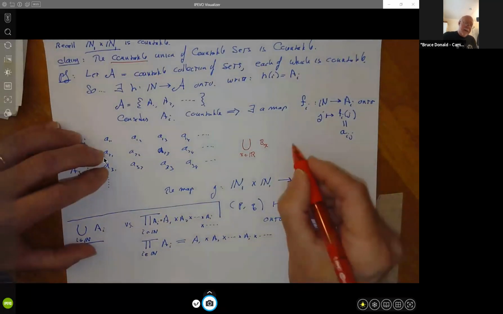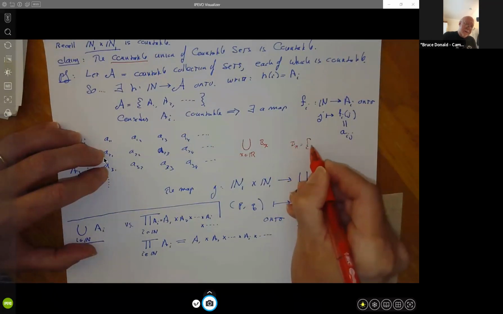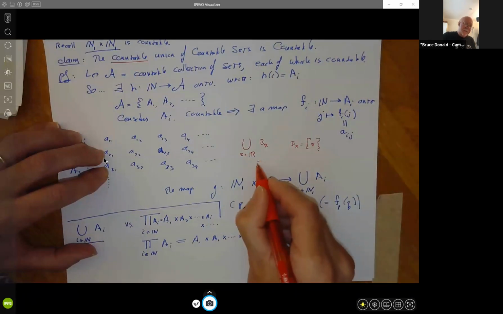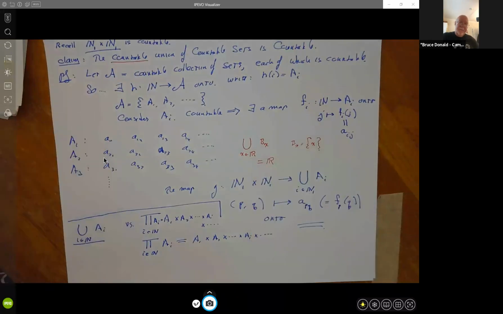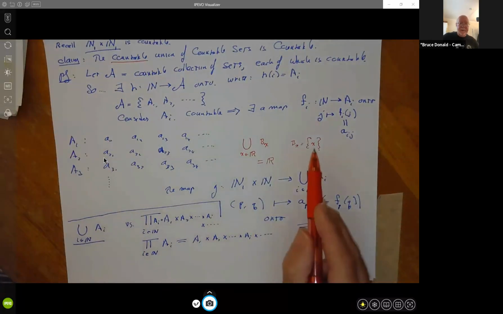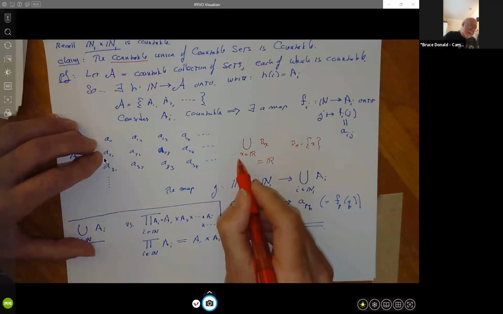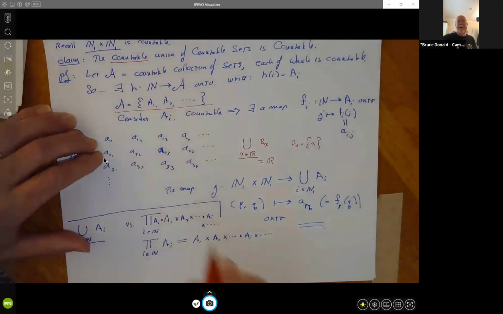Even if I let B of X be the single point X, this would in fact be isomorphic to the real numbers, which is not countable. And of course, it's even worse if this ends up being a bigger set. So it's important that in some sense the index be countable, which means that this set here is only countably large.